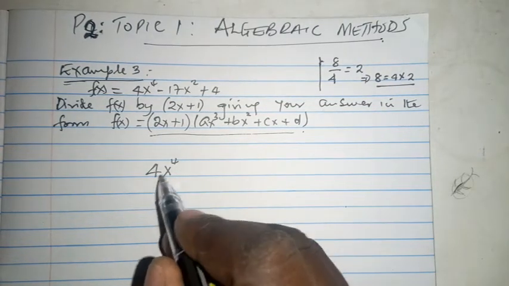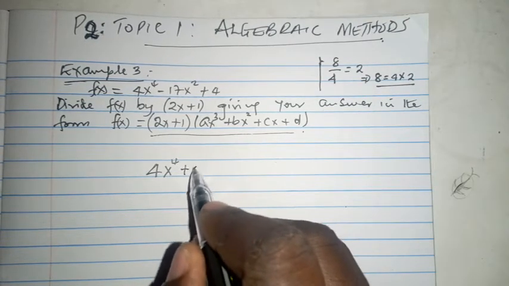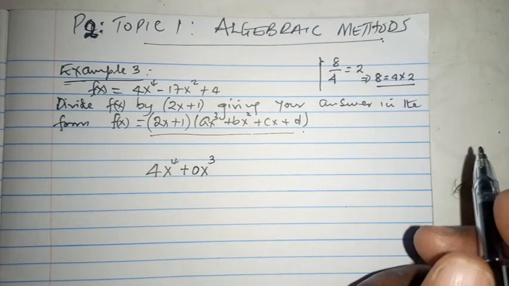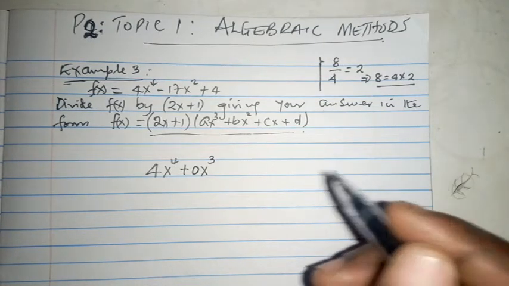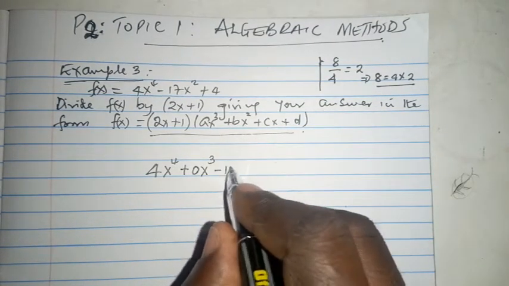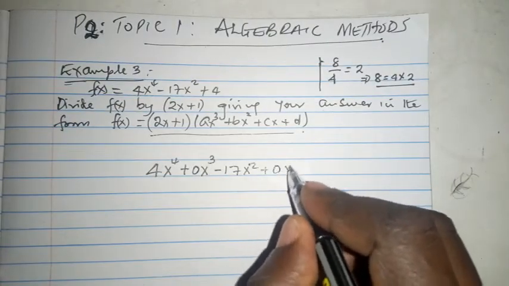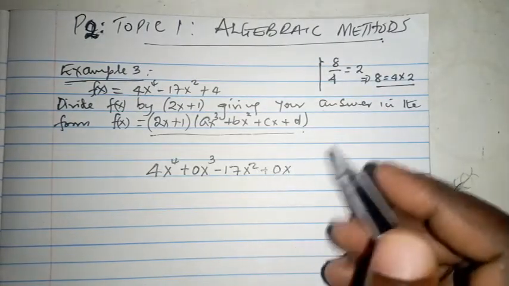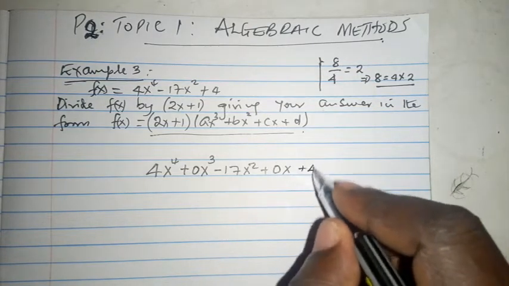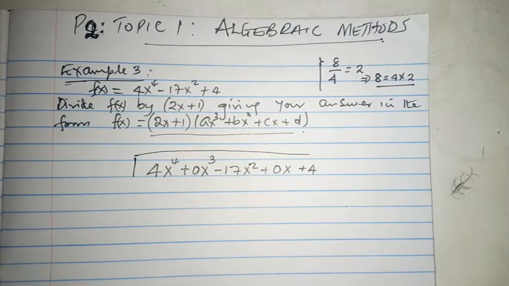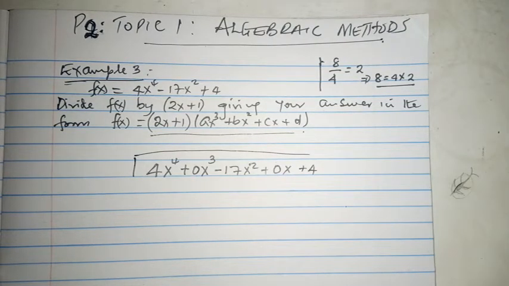So 4x^4 plus 0x^3, I mean, you have brought it, but with a lot of nothingness. Minus 17x^2 plus 0x, again power 1 has to appear with a lot of nothingness, plus 4. The reason why we must do this is to help us divide systematically.